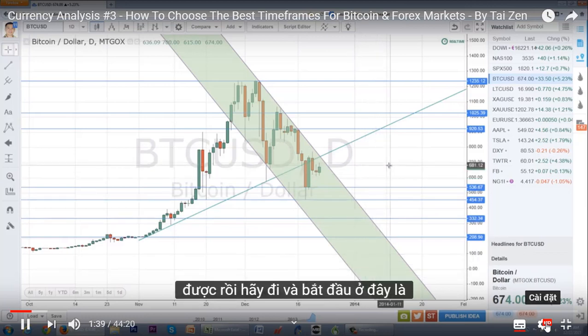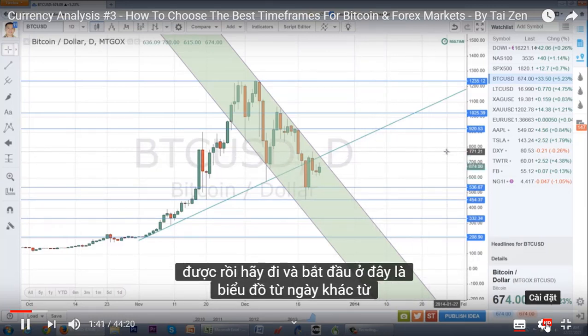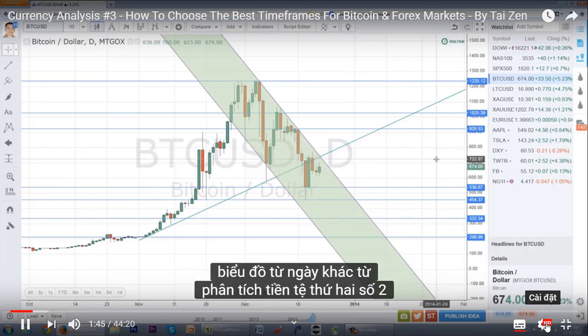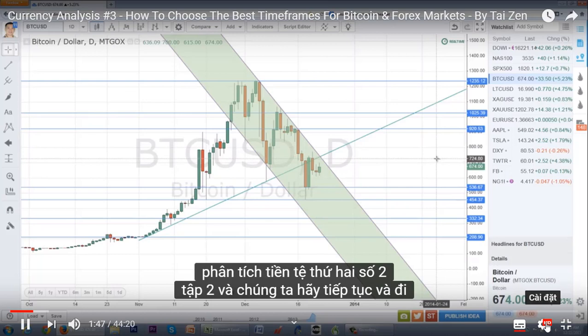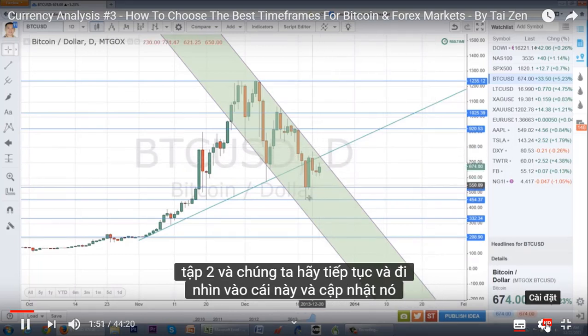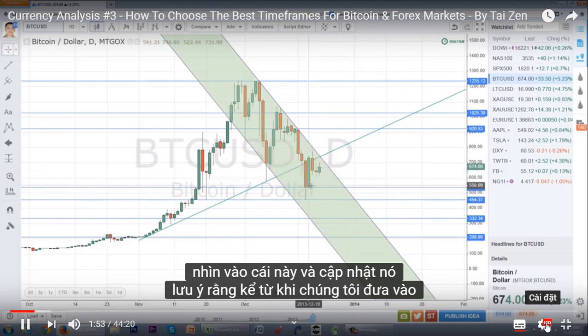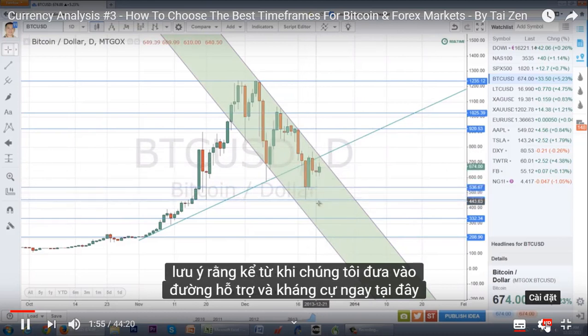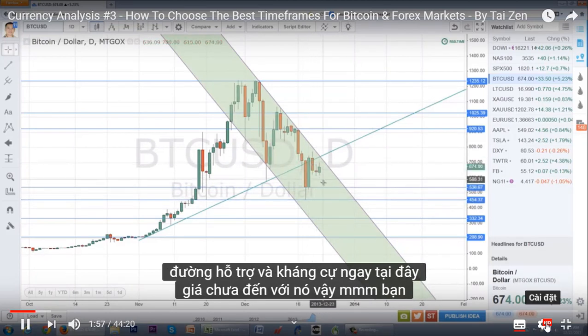Okay, let's go ahead and get started. Here is the chart from the other day, from the second currency analysis, episode 2. Let's take a look at this and update it. You'll notice that since we put in those support and resistance lines right here, price has not come down to it.